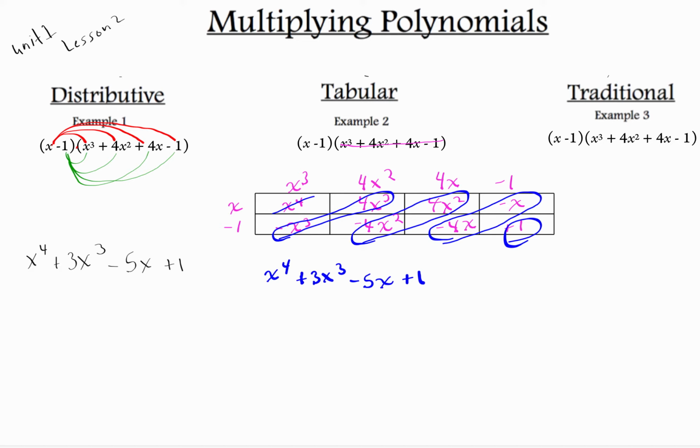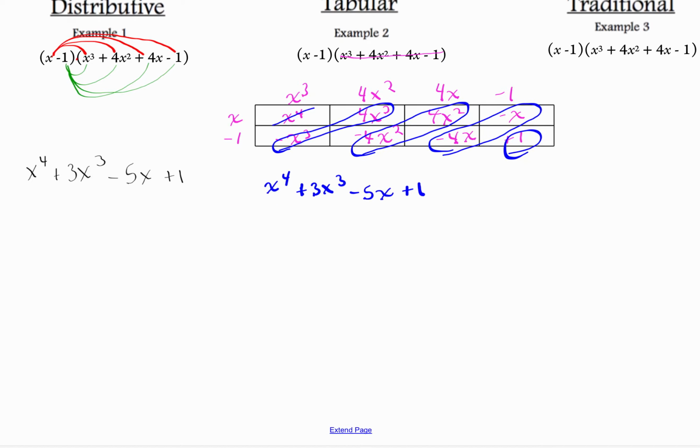Well, the traditional method, the last one, is how I was taught. We really don't see that very often. But I'm going to go down here to do it, and it's just like multiplying large numbers.